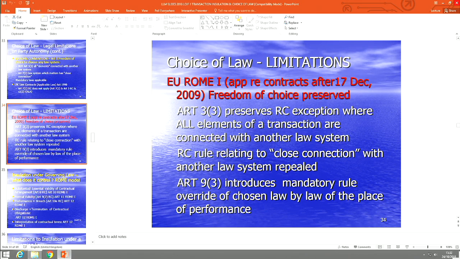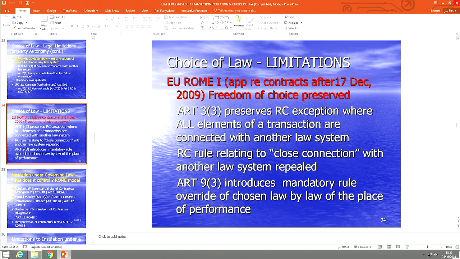But there are huge numbers of huge transactions which have been signed long before 2009 and which have a lifespan of over 25 years or 30 years. Question, what happens there? Well, Rome regulation does not control, neither Rome I nor Rome II. So what does?